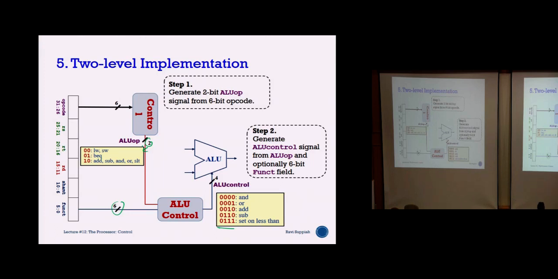And then we are going to look at the lower 6 bits, together with these 2 bits, combined together into another block known as the ALU control block. The objective of this ALU control block is to generate these 4 bits. So these 4 bits go to where? These 4 bits are going to your 1-bit ALUs, all the 1-bit ALUs inside that 32-bit ALU block.